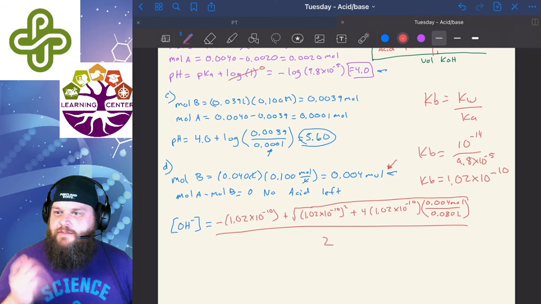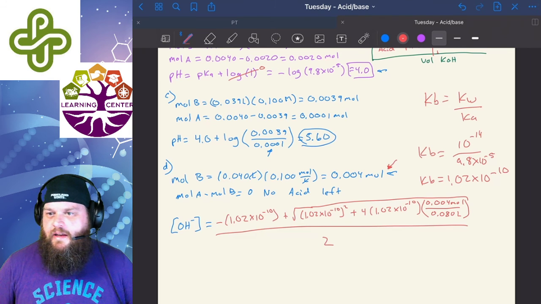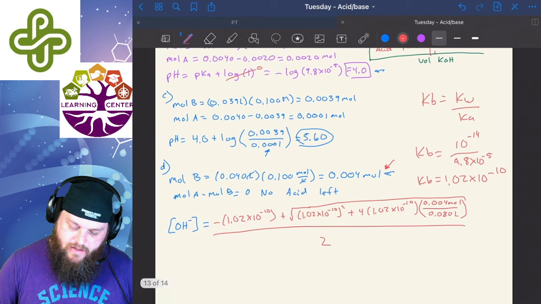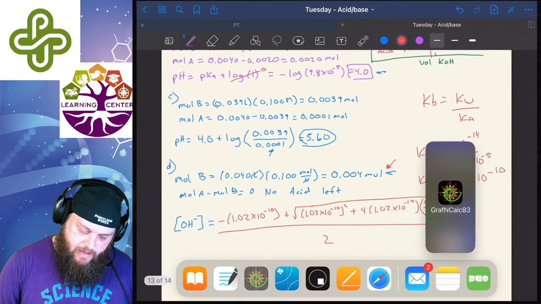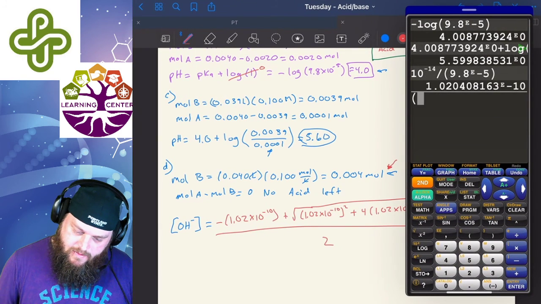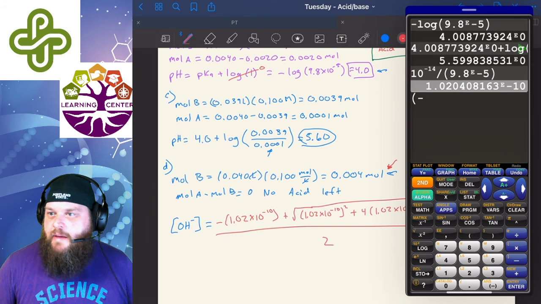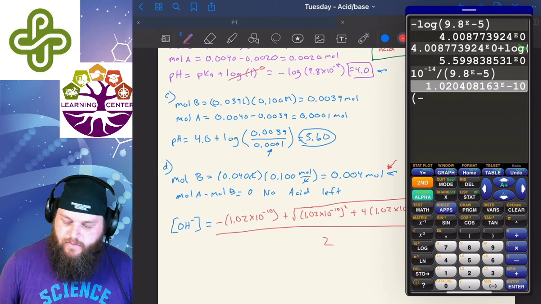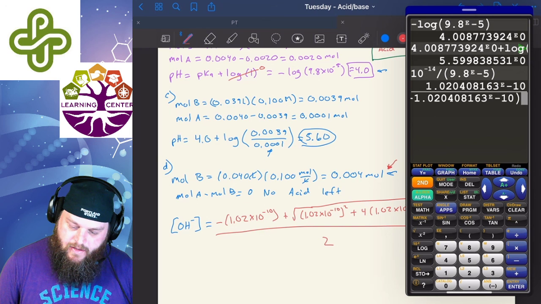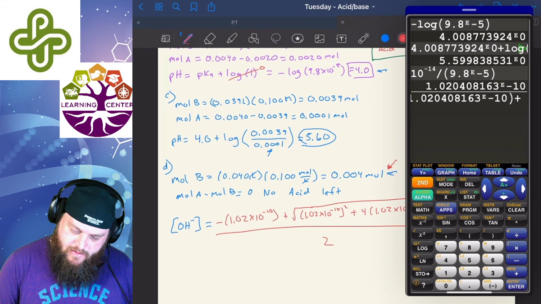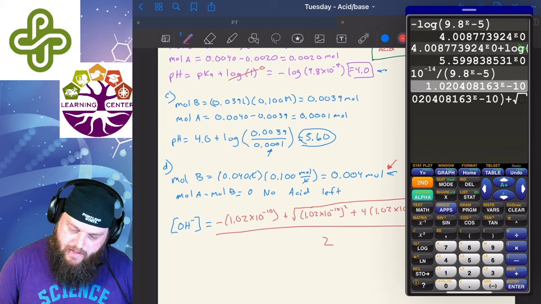So we can see just by plugging in the values of what we need in there, we can get this concentration. And then the rest of it is calculator work. So let's not forget my parenthesis, negative. Luckily, I got my Kb value saved up here, so I can plug that in. Plus the square root of, grab again my Kb value.